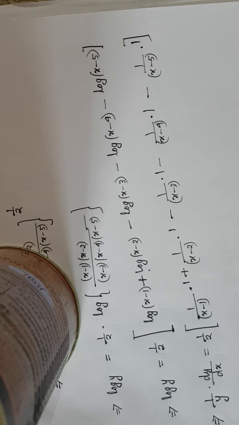You will differentiate log x as 1 by x, then you go inside for the linear functions x minus 1, x minus 2, x minus 3, x minus 4 and x minus 5, their derivative is 1.